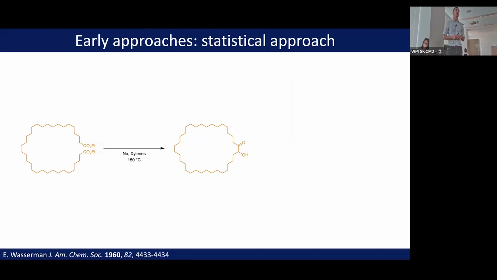Wasserman was the first one who proposed an idea to obtain a catenane. And again, this idea is very simple. You can imagine a molecular thread, which I've colored in orange here, that has nothing remarkable in terms of chemistry, and is just terminated by two reactive groups. Under a specific set of conditions, which are here on the screen, these reactive ends can close, and you get a cyclic structure.